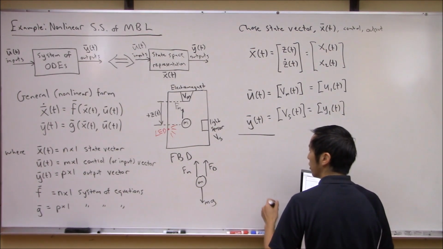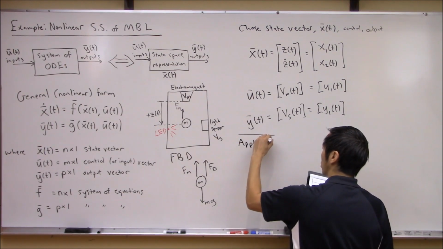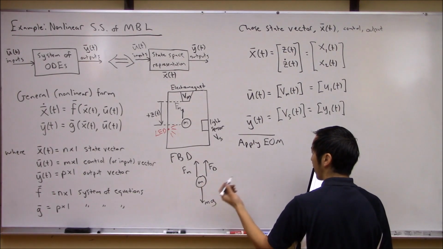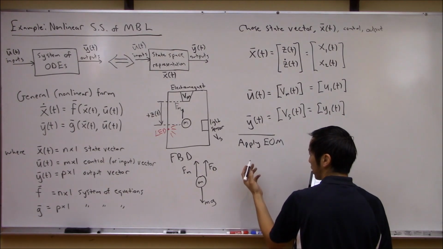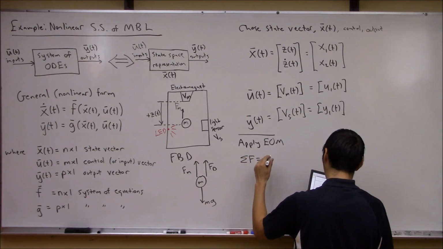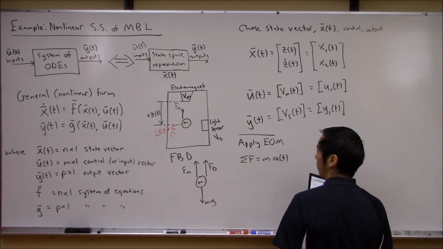So let's go ahead and apply equations of motion. Okay, so what are the equations of motion for this thing? Since the mass is constant, I think everyone would agree that a good set of equations of motion is Newton's second law. So this is what? Sum of the forces is equal to the mass times the acceleration, right? At any given time, something like that.